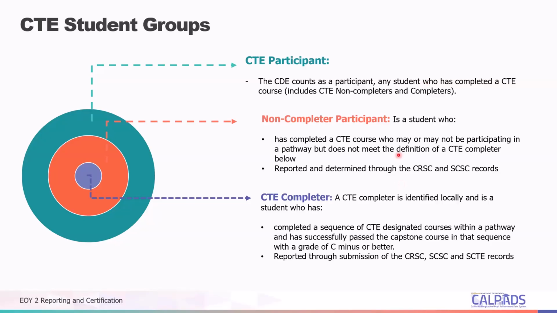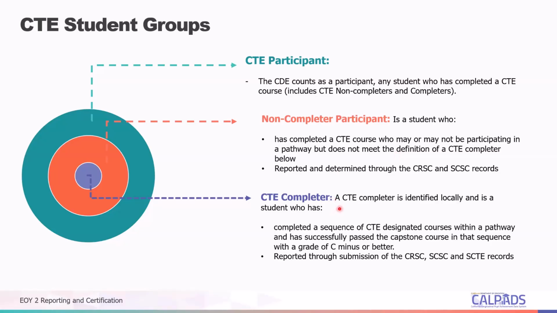So your CTE non-completer participant is a student who has completed a CTE course who may or may not be participating in a pathway but does not meet the definition of a CTE completer. So a CTE non-completer participation is reported and determined through just the CRSC record and the SCSC record that reflects the completion.